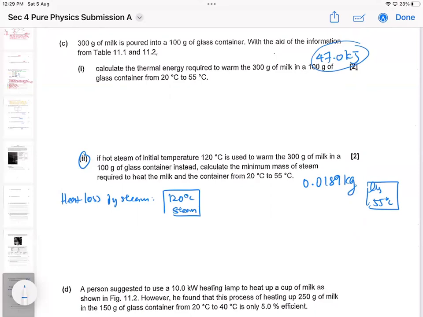Because in your answer, you only show ml only. It's not correct. How do you move from 120 degrees Celsius steam to eventually the final mixture of liquids? How many steps are there in between?